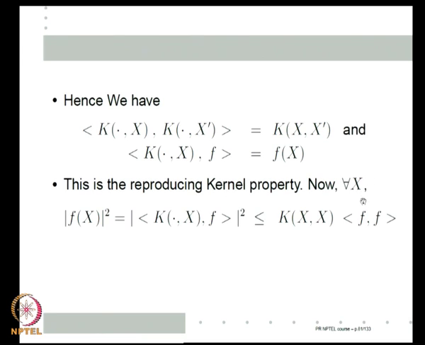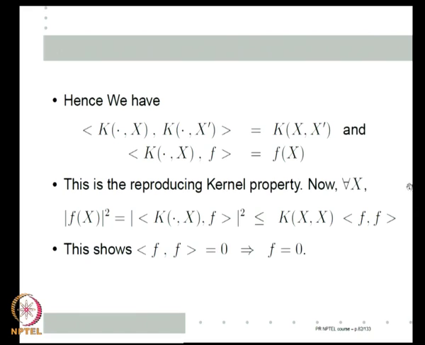Because of the reproducing kernel property, what we have is the following. Now, f of x whole square is nothing but the inner product of k x comma f whole square. By Cauchy-Schwarz inequality, this is at most inner product of k dot x comma k dot x, which is nothing but k x x, times inner product of f comma f. Okay. So, what does that mean?